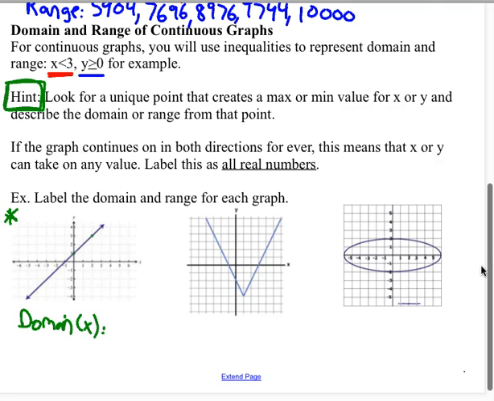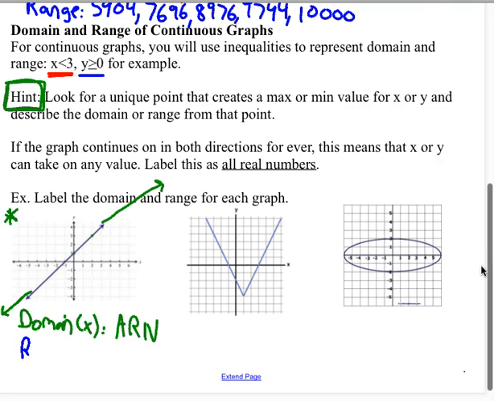This is going to keep going towards the right forever, and it's going to keep going towards the left forever. It's spanning out in both directions forever, left and right. So that's going to be one of those all real numbers situations. I can use any x value. All x's are part of this line.